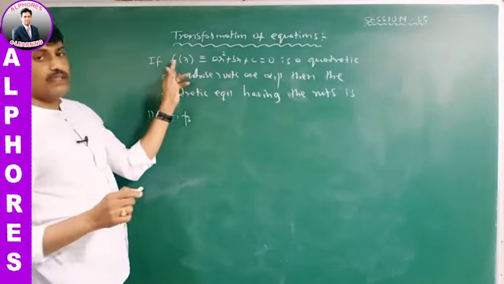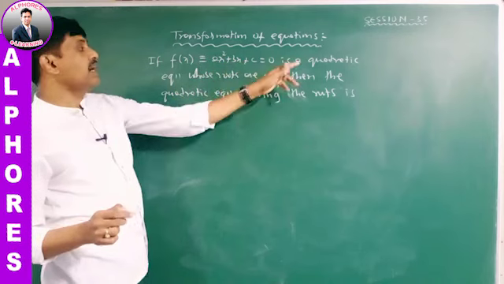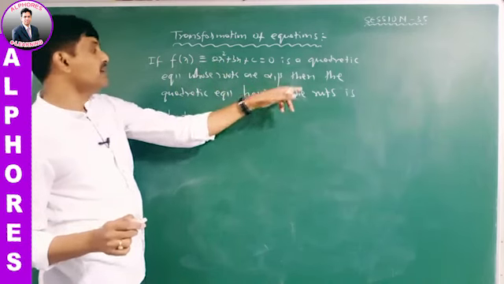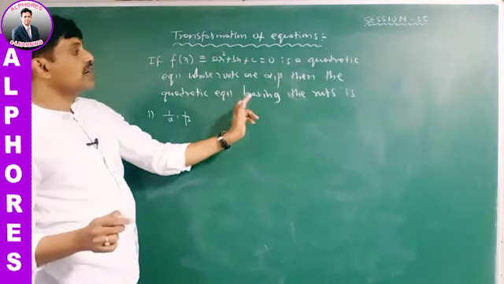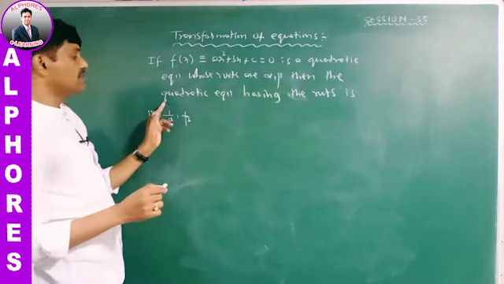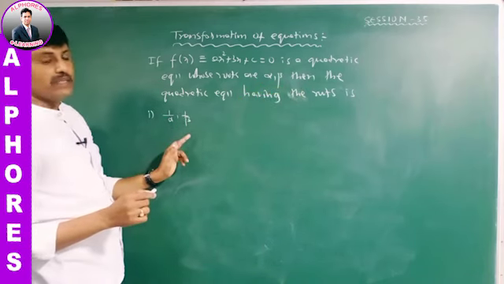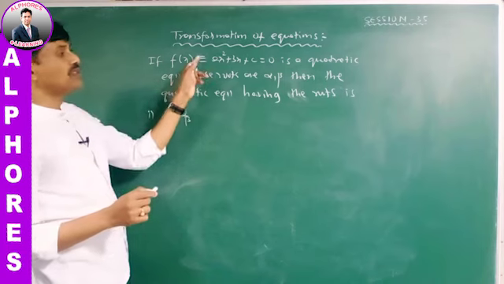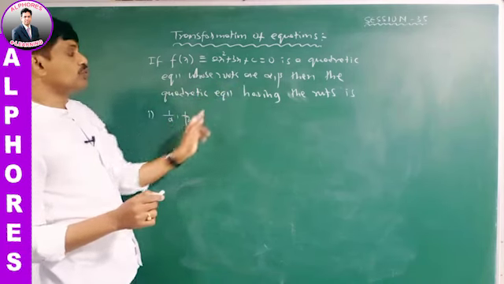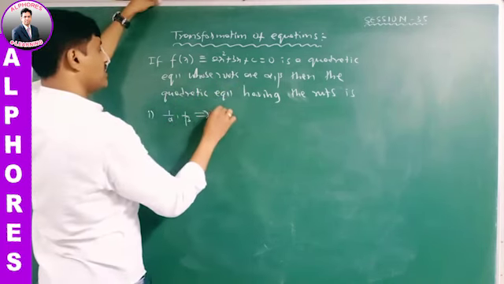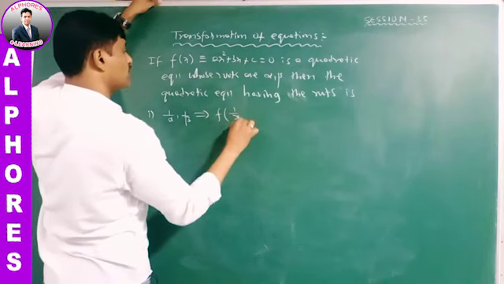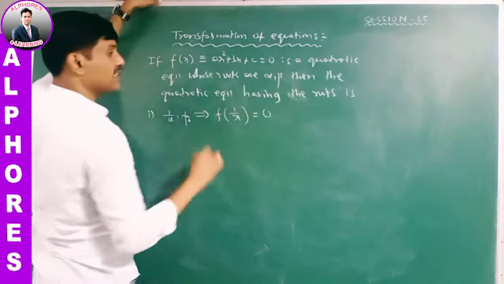Now it is a quadratic equation having two roots alpha beta. Then the quadratic equation having the roots 1 by alpha comma 1 by beta, means reciprocals of these two roots. In this case, transformed equation will become f of 1 by x is equal to 0.